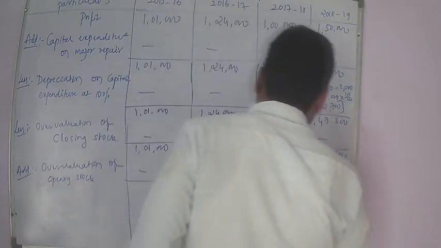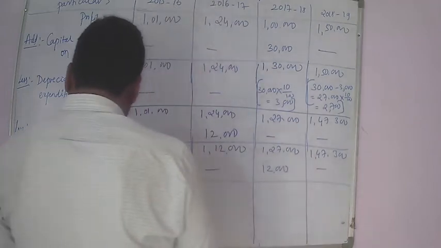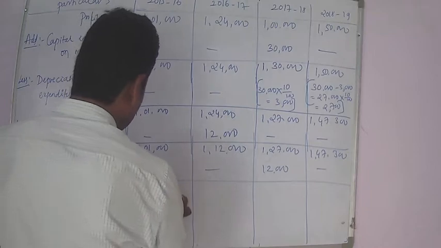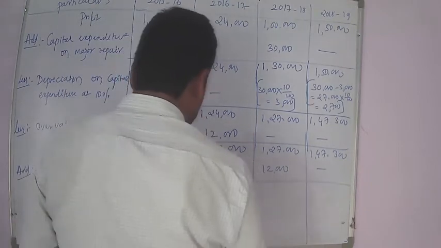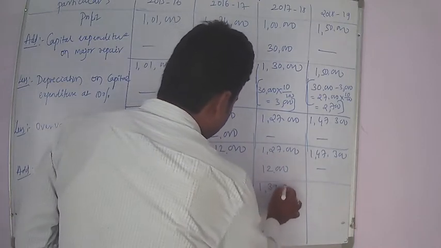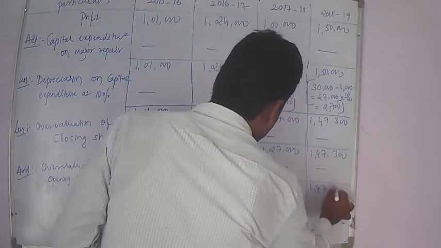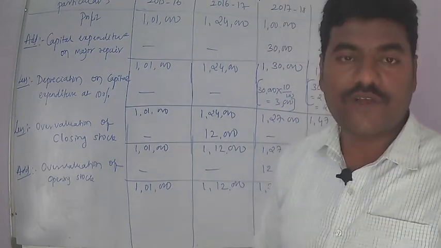Opening stock obviously will be next year. One lakh 27,000 plus 12,000, 1 lakh 39,000, 1 lakh 47,300. And the last adjustment is to cover management cost.